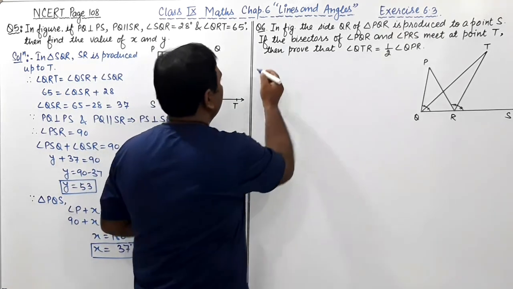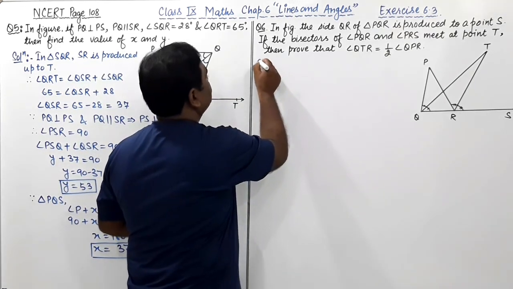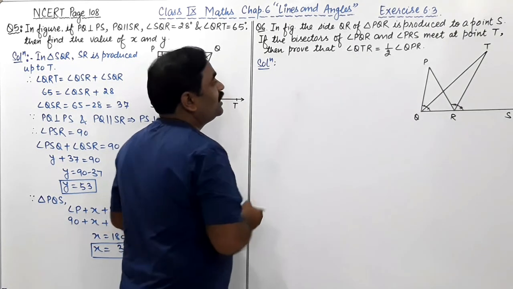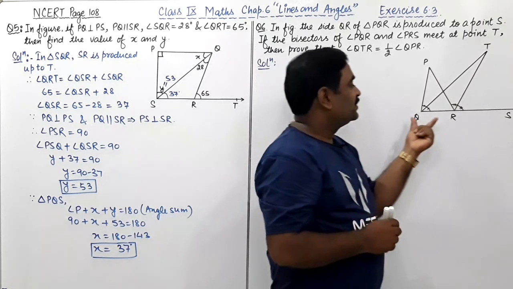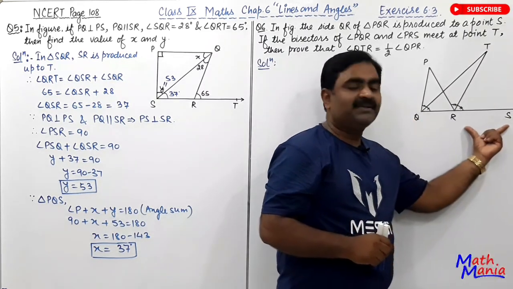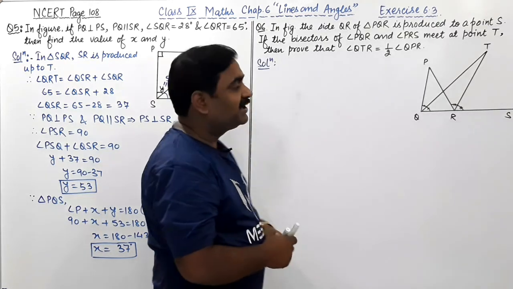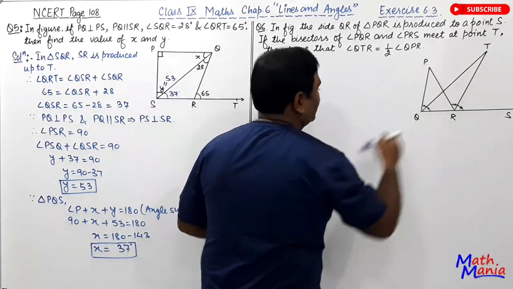Just see the solution of this question. Since QR is produced up to the point S, QR को आगे बढ़ाया गया तो एक्सटीरियर एंगल कौन सा मिल रहा है? एक्सटीरियर एंगल PRS.